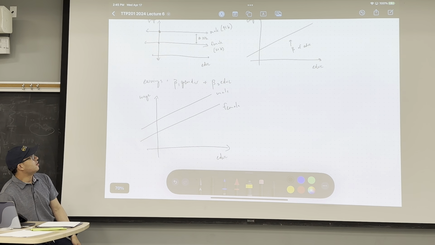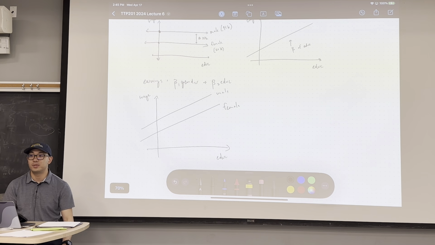What is the value of the slope? Beta 1 or beta 2? So both of these, in fact, let me color code it. So slope equals beta 2. Okay? And for any given set value of education, what would the difference be between male and female?